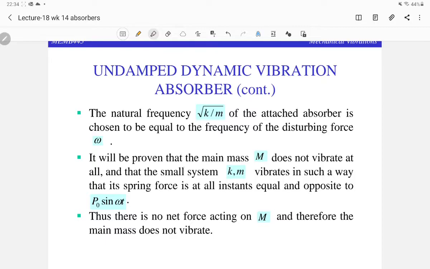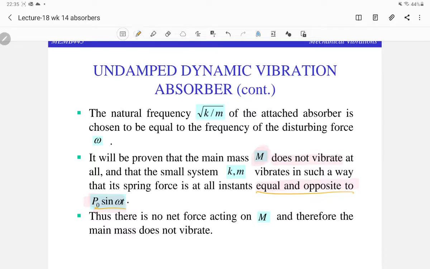It will be proven that the main mass, capital M, does not vibrate at all, and that the small system k m vibrates in such a way that its spring force is at all instances equal and opposite to the disturbing force. This is one of the concepts. In order to make sure that M does not vibrate, you need to make sure this is true.